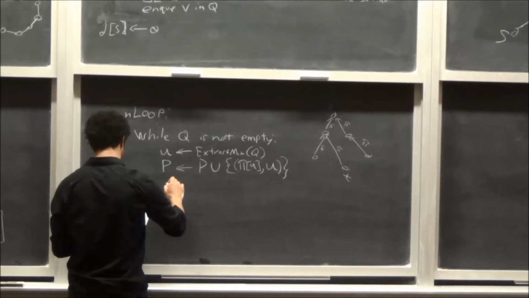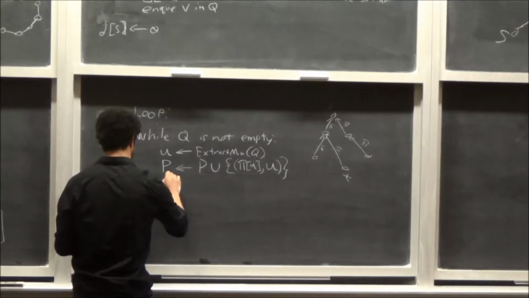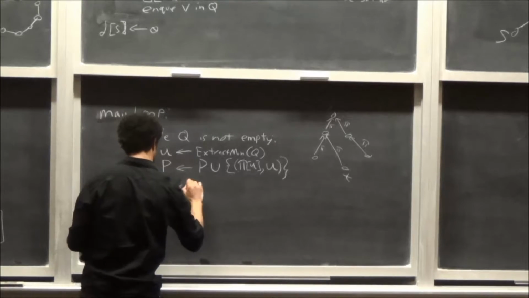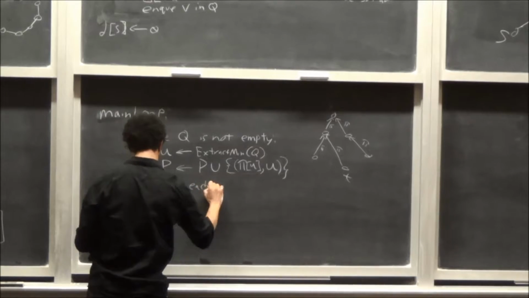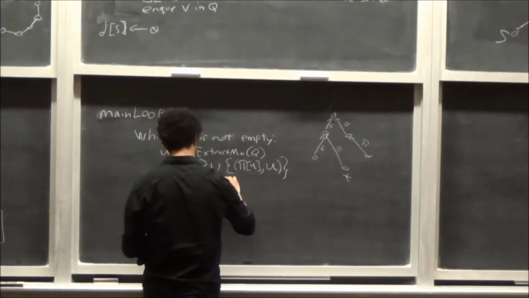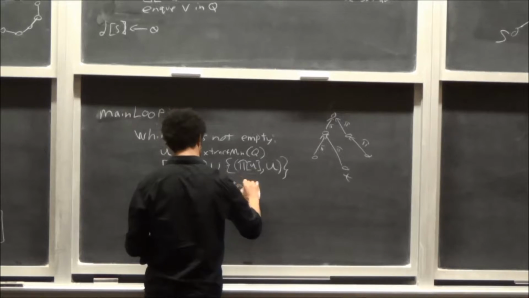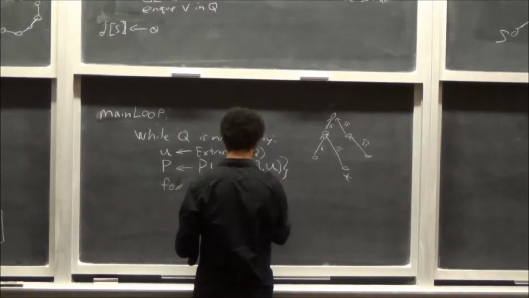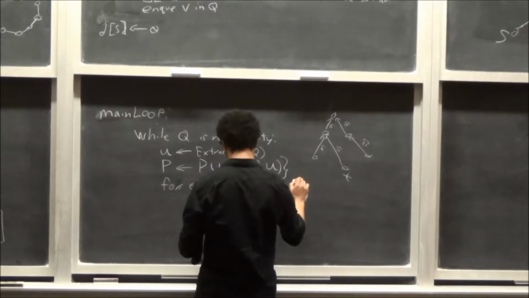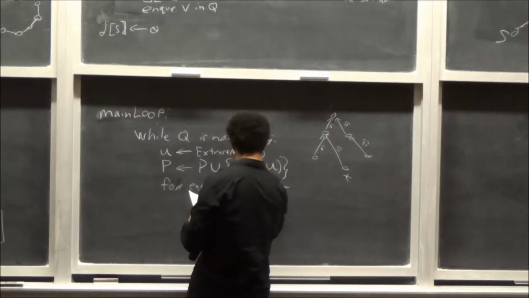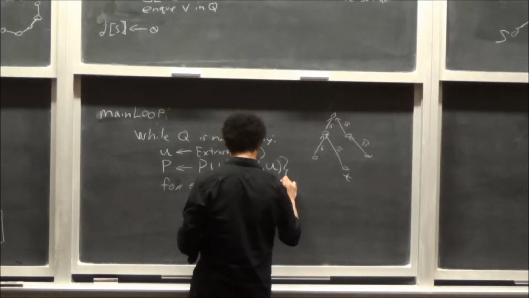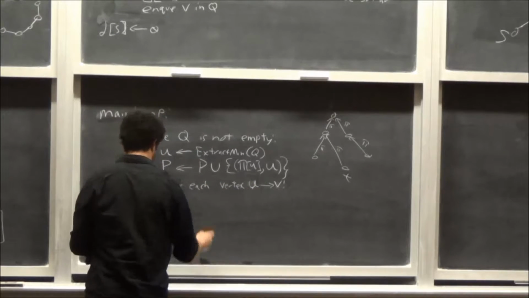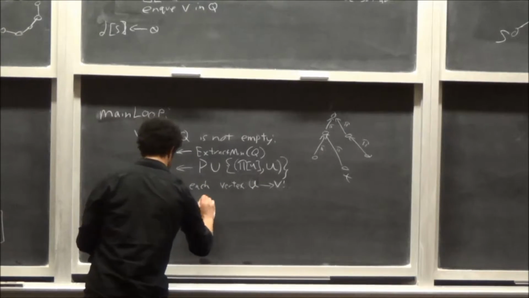And then you do deal with the edges, because for each vertex V connected, or for each vertex V, UV, we just want to perform this relaxation function.